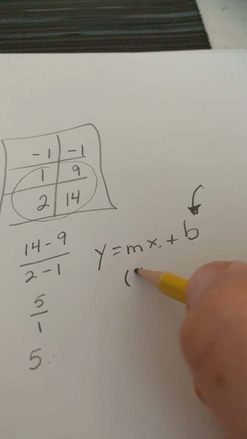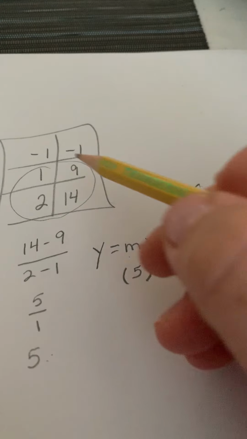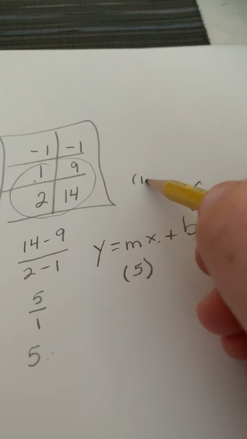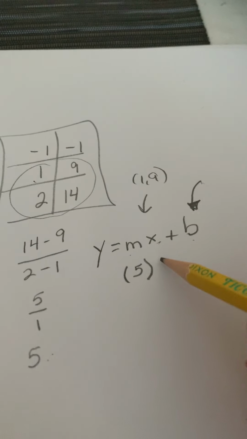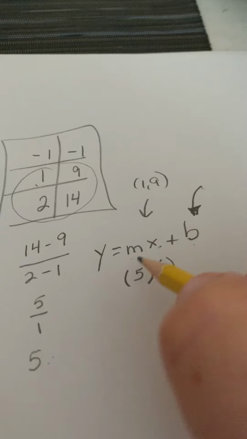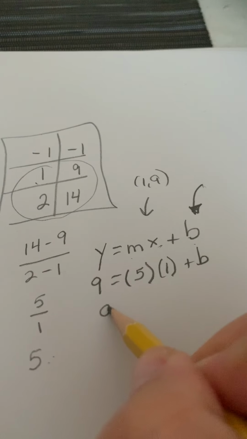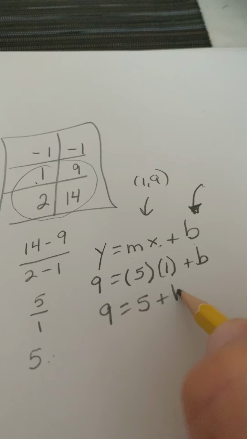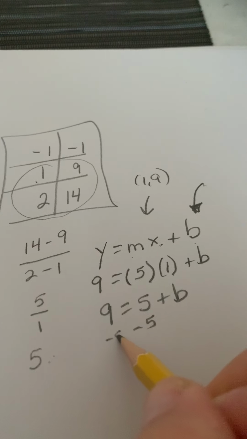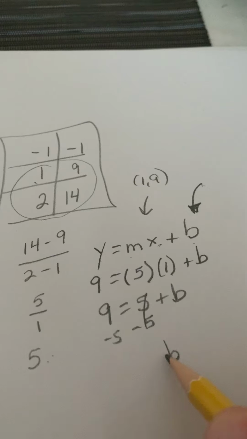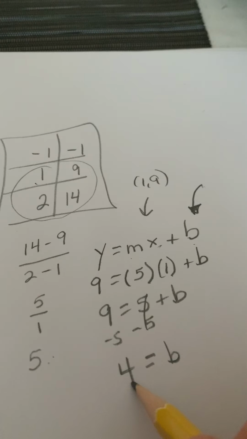So the first thing I'm going to replace is the slope. Then I'm going to use the point 1, 9 here. So the x is 1, the y is 9. So I'm going to have 9 is equal to 5 plus b. And then I'm going to subtract 5 from both sides, and b is going to be equal to 4.